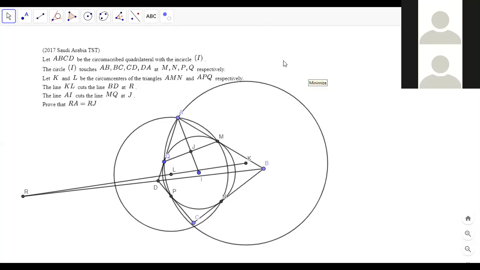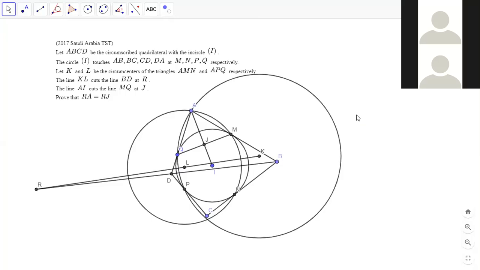We used a point circle for a similar problem. So let's see. So J has the same.